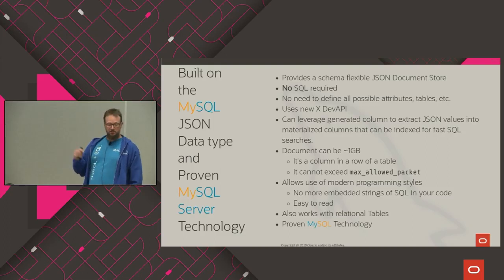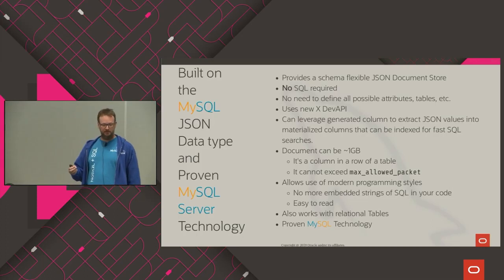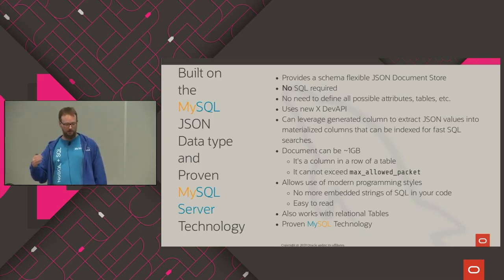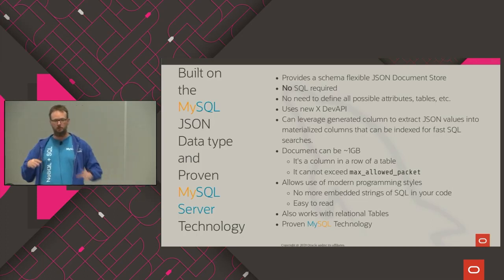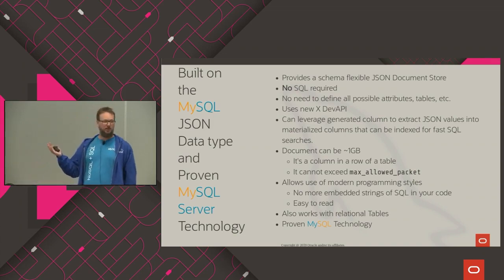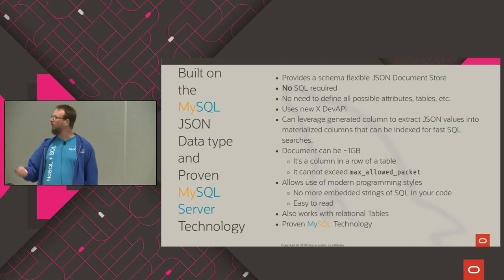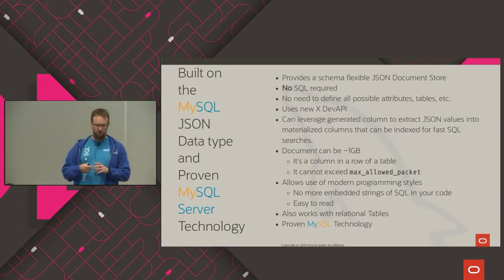With the JSON data type and in the Document Store, we have this flexible schema JSON document. We can store all the documents we want without having to care about our data's structure. No SQL is required, so you don't need to know SQL. You can just store and retrieve documents and objects however you want. You don't need to define any attributes.